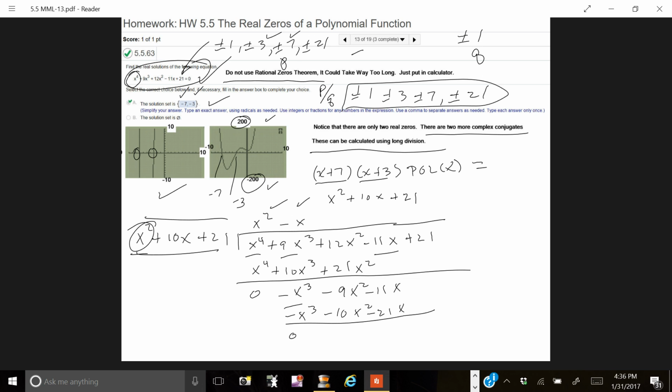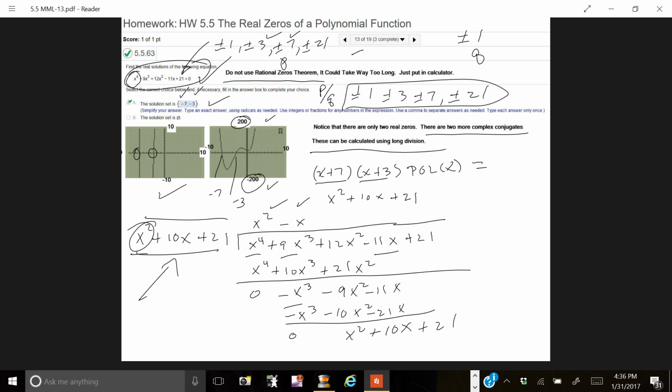And then minus 9x squared minus minus 10x squared happens to be just 1x squared. Minus 11x minus minus 21x happens to be 10x. And bring down your 21. And if we got the right zeros to start off with, this should come out with no remainder.